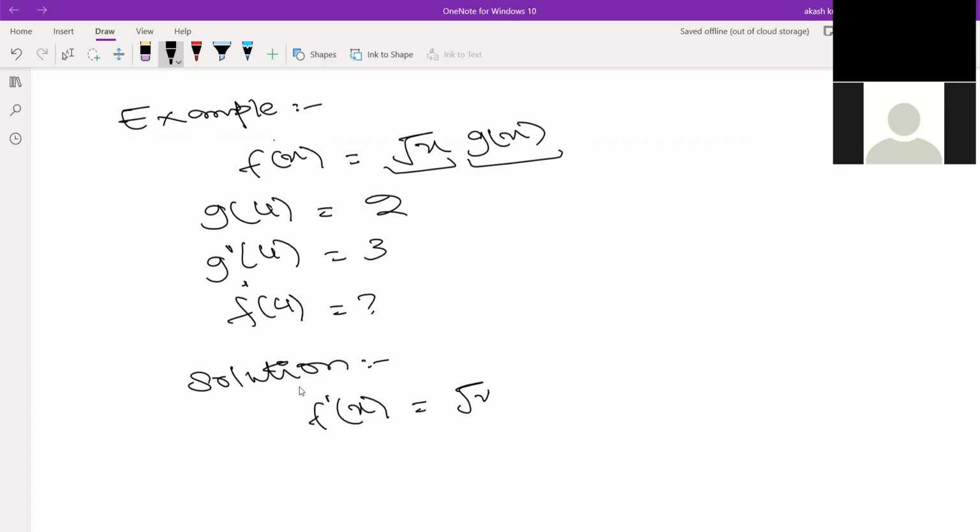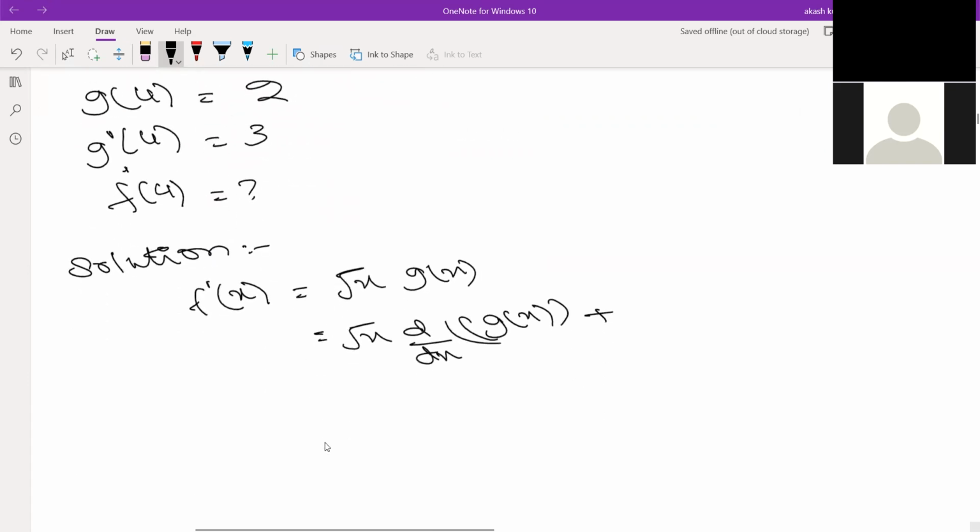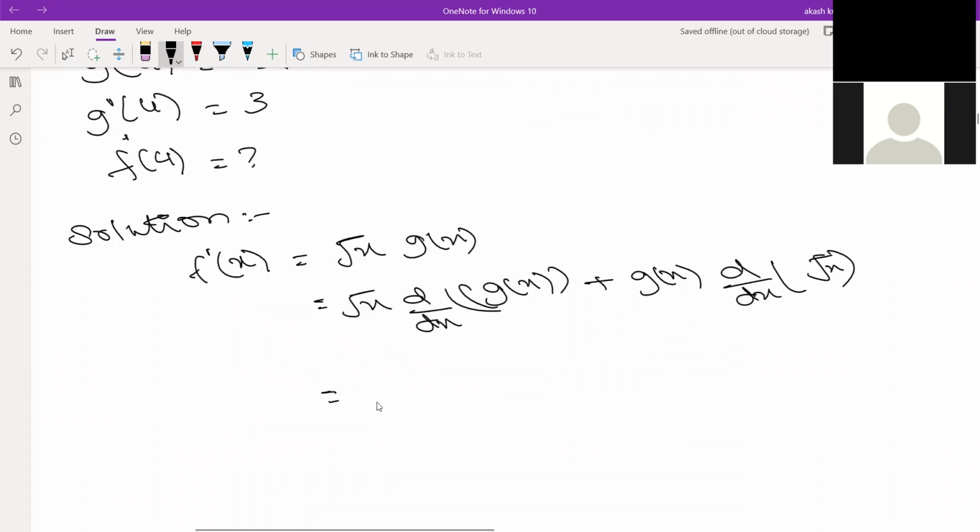So it's going to be square root of x plus d over dx of g of x, and then plus d over dx of square root of x. Okay. Plus g of x. Yeah. Okay, and then square root x will be as it is, and the derivative of g of x will be g dash of x, like this.